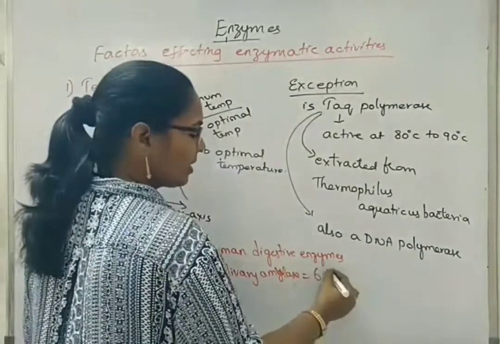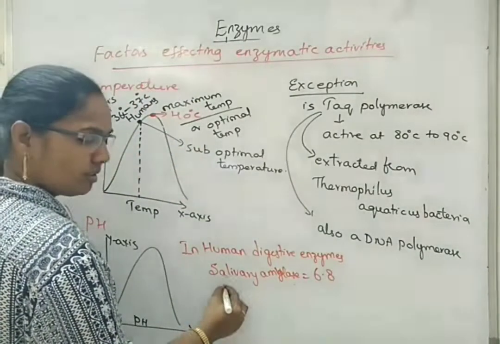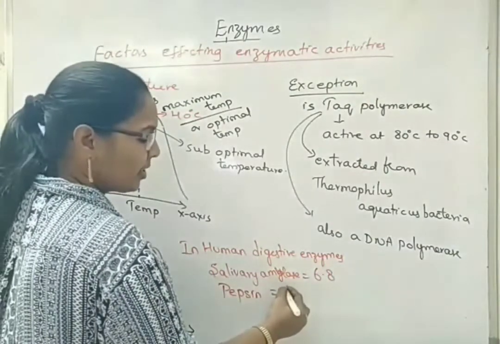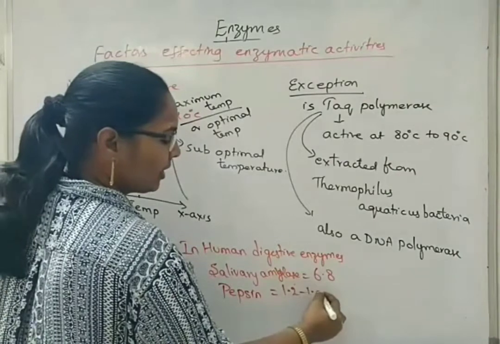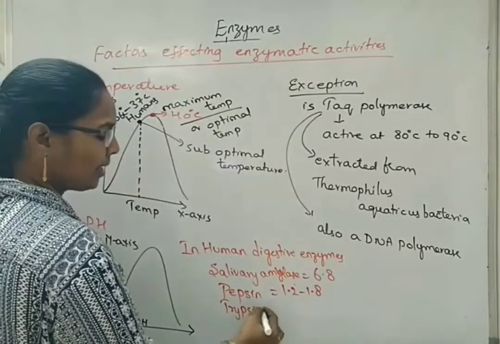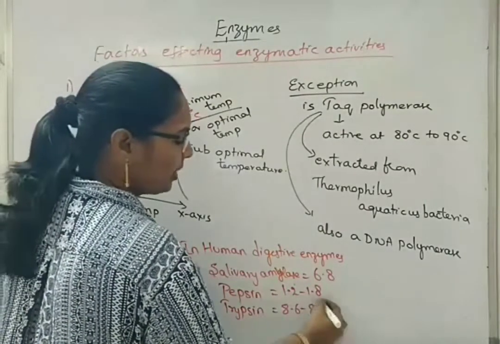Its pH is 6.8, near neutral. Next, pepsin, which is secreted in the stomach. Its pH is acidic, 1.2 to 1.8. Another one, trypsin, which is secreted in the pancreas. Its pH is basic, 8.6 to 8.8.